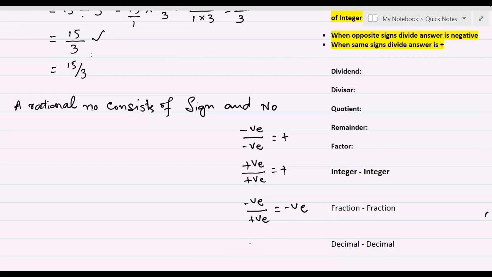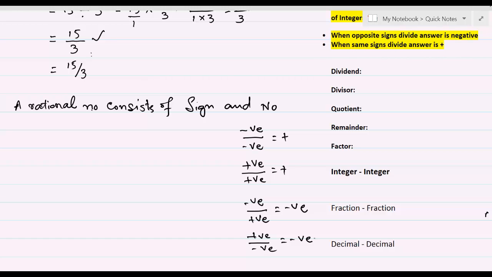And positive divided by negative is equal to negative. So in simple words, if two similar signs divide, the answer is always positive. If opposite signs divide, then the answer is negative. This follows the same rules as the rules of multiplication, because division is just the inverse operation of multiplication.